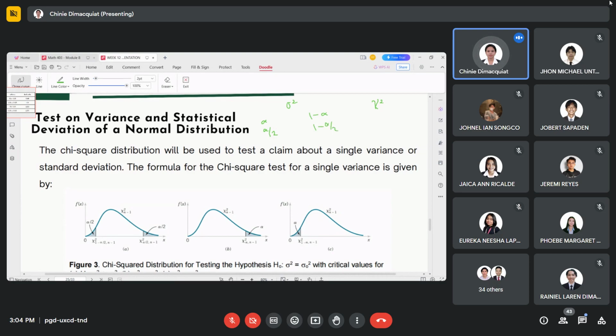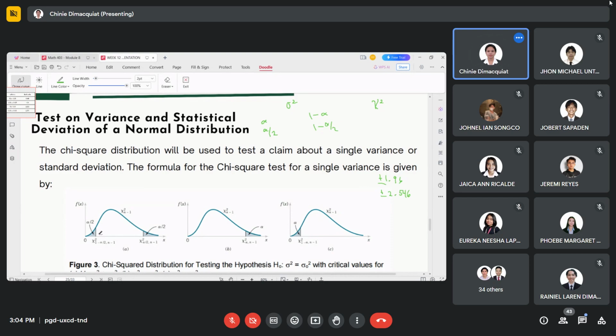Earlier, when we got a value, for example 1.96 or 2.546, we just took plus minus. Plus minus if two-tailed, negative for the left and positive for the right. Here, it is different. One is 1 minus alpha.